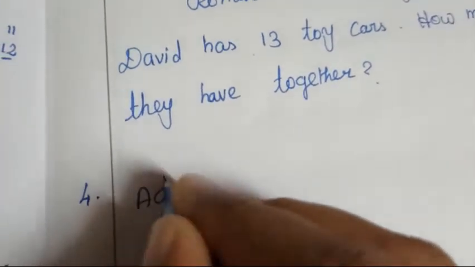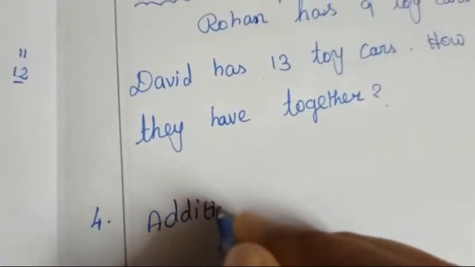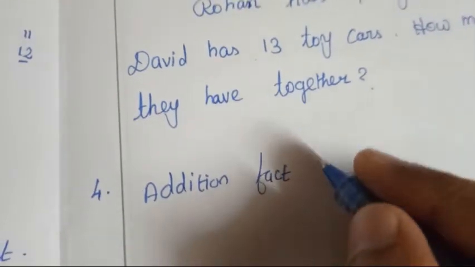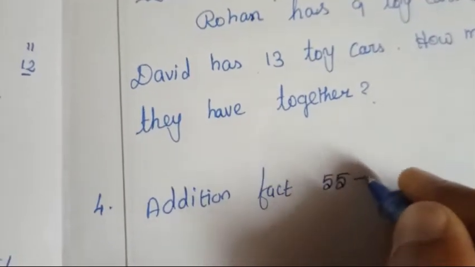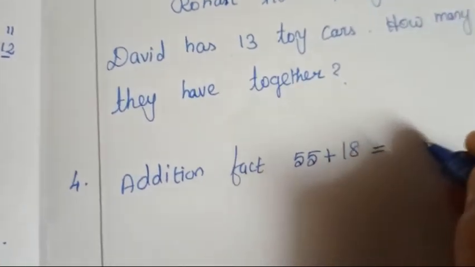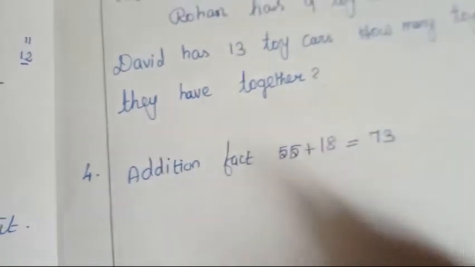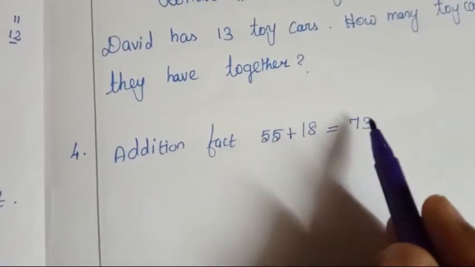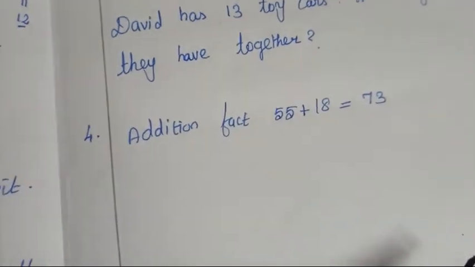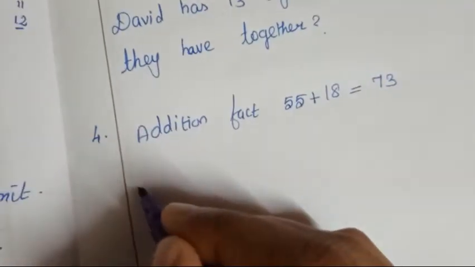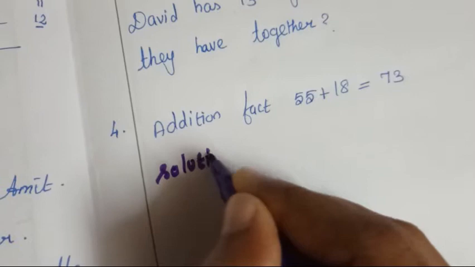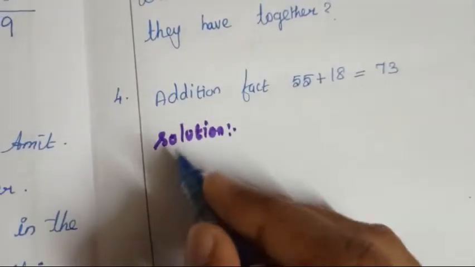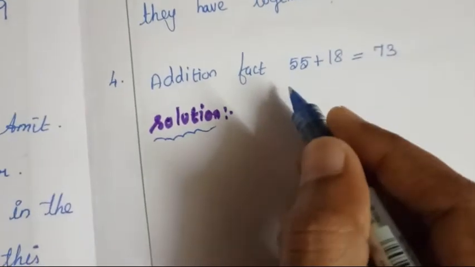The addition fact is 55 plus 18. Okay, the answer is 73. We have to frame a word problem related to this addition fact. So first write the solution. Now we have to frame the statement for 55.